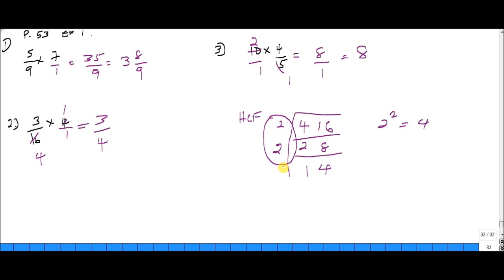But now we can't find any other number, saving 1, that could go into both 1 and 4, and 1 times any one of these is going to give you back the same thing. Okay, so 4, that's why we would say 4 into 4 is 1, and 4 into 16 is 4 times. So we are using the highest common factor of both 4 and 16.